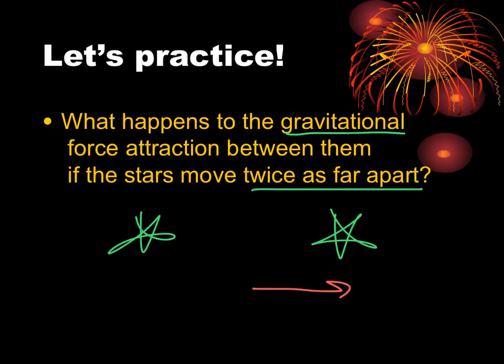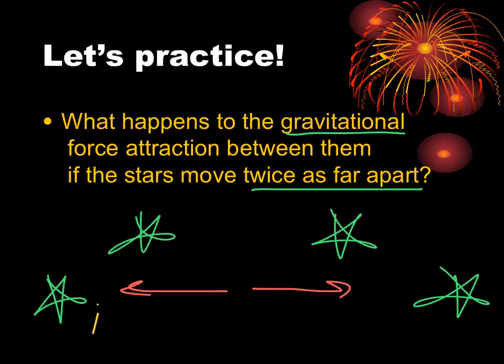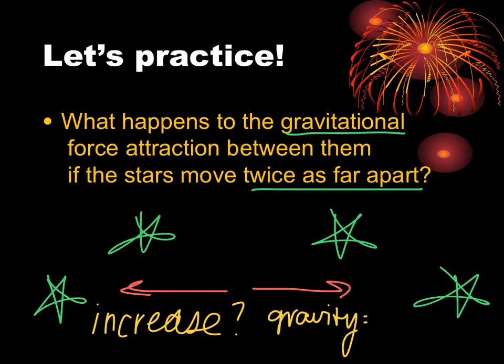So the distance here will increase and those stars become further apart. So if we think about that relationship, as distance increases, what will that do to the force of gravity? So you can answer that there, thinking about that relationship.